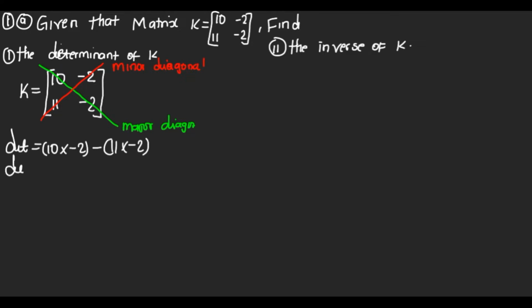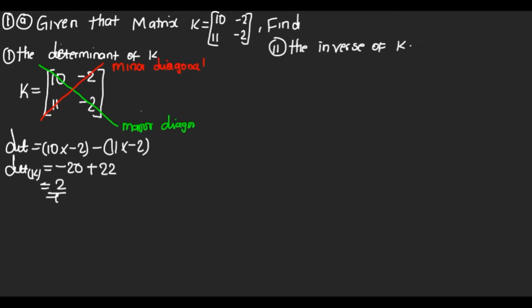So the determinant of matrix K is equal to 10 times negative 2 is negative 20. Then here we know that this negative times this negative will give us positive. Then 11 times 2 is 22. Therefore, our final answer is positive 2, since the bigger number has a sign of positive.